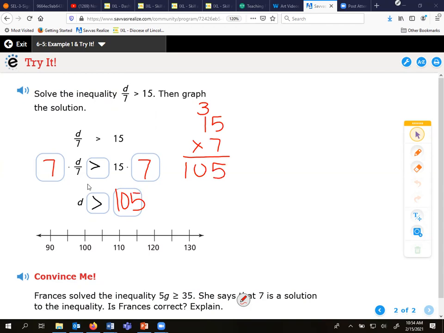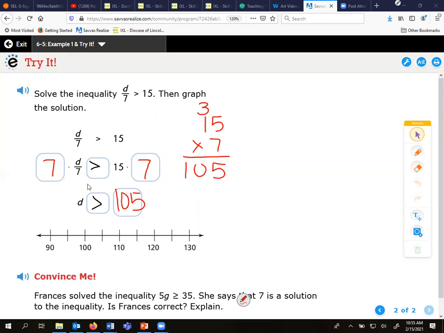Okay. So here we've got a number line that does include the number 105. Am I going to have an open circle on 105 or a closed circle on 105? Louise? Open. Okay, the closed circle means it includes the number, the open circle means it doesn't.